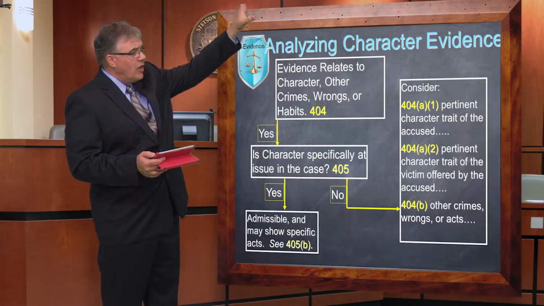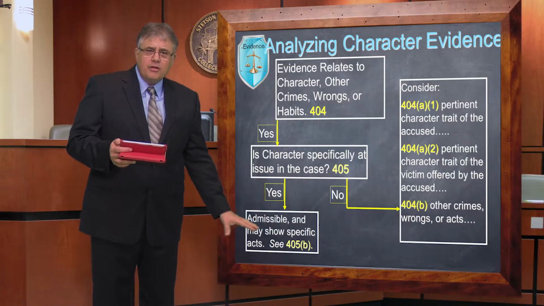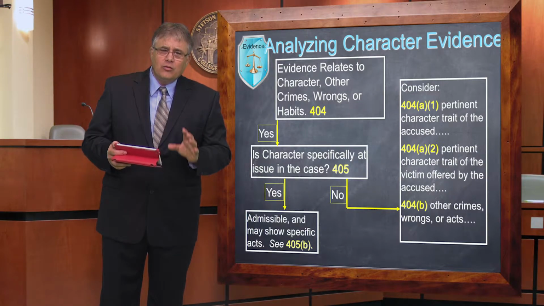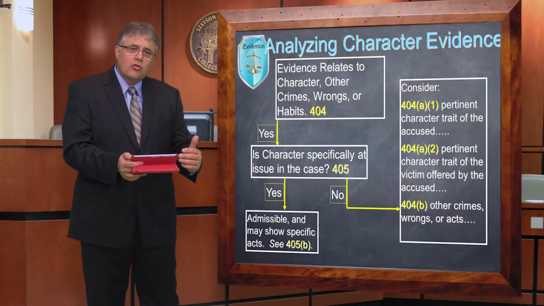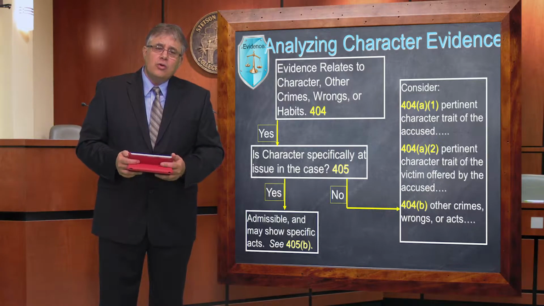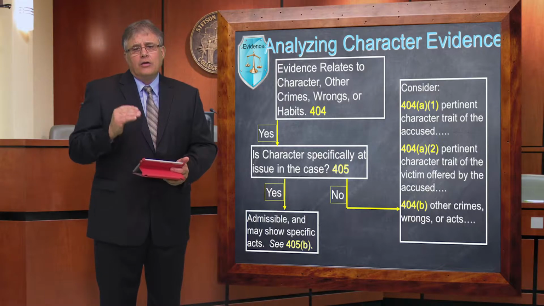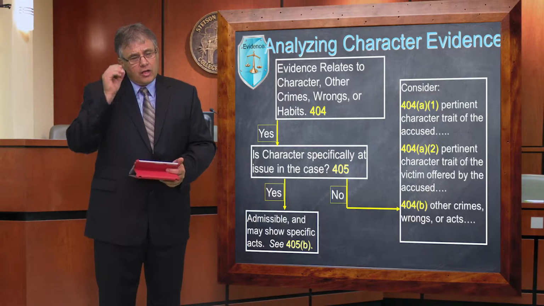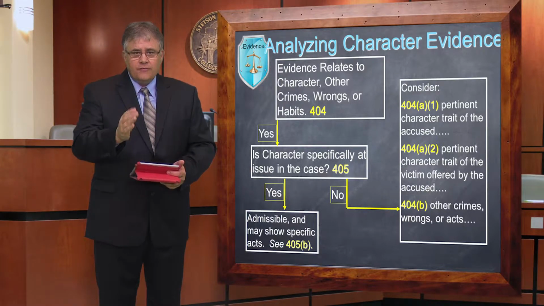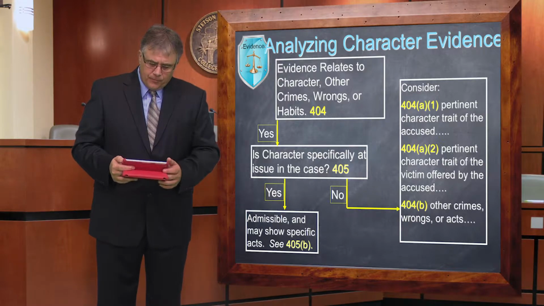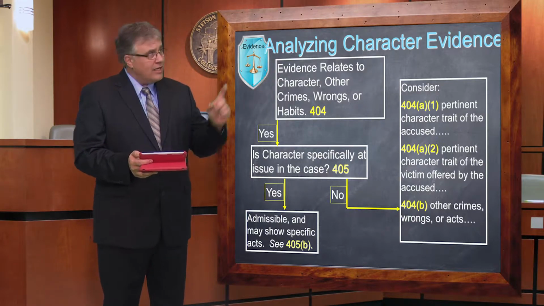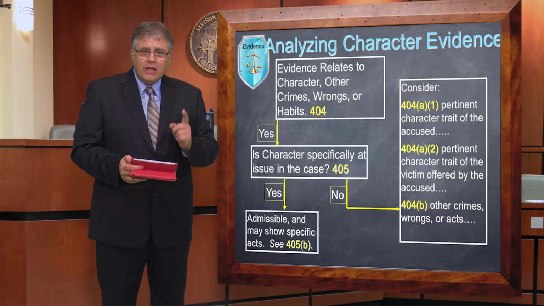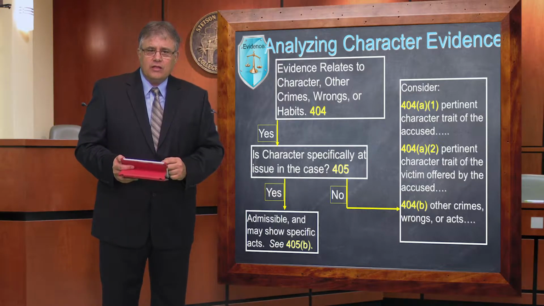Now you'll notice that it flows from the top to the bottom in our flow chart as we're dealing with character evidence. And that's the way character evidence works in a civil trial where character is at issue, or in a criminal trial where character is at issue in the case, although character is rarely specifically at issue in a criminal trial. Most of the time, instead of the answer being yes, the answer is no. Character is not specifically at issue in the case.